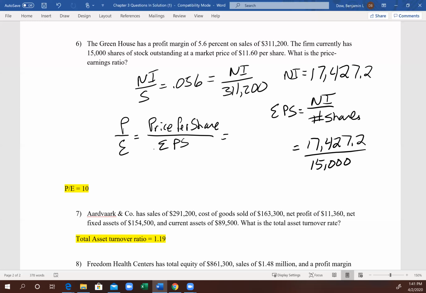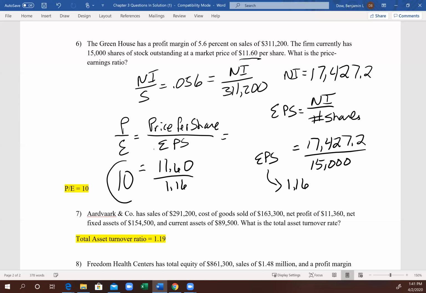That means our earnings per share is equal to $1.16. So if the price per share is 11.60, given up here, and earnings per share is $1.16, the PE multiple is 10.